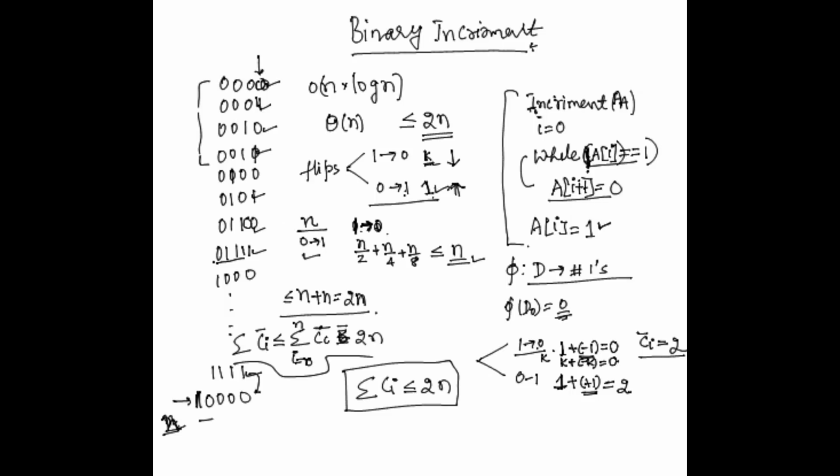So again, the important thing to note here is that when I flip a 1 to 0, the potential decreases considerably. That is the number of times the while loop was running, so it compensated for this operation that we are doing. At the same time, I am doing exactly one flip from 0 to 1, so the amortized cost increased by 1.